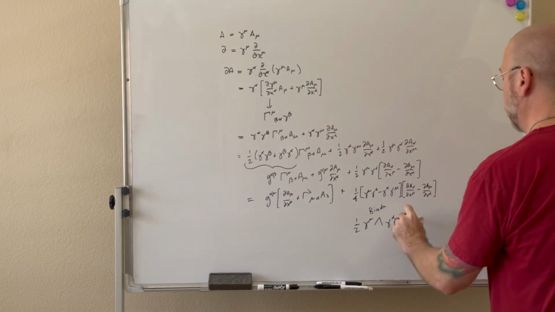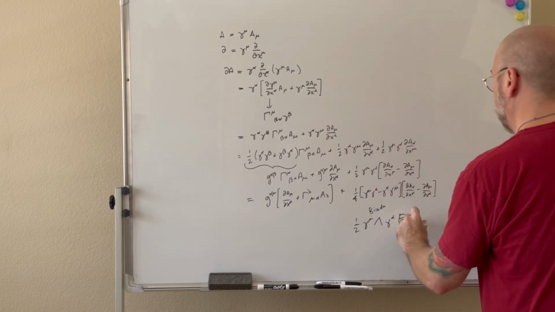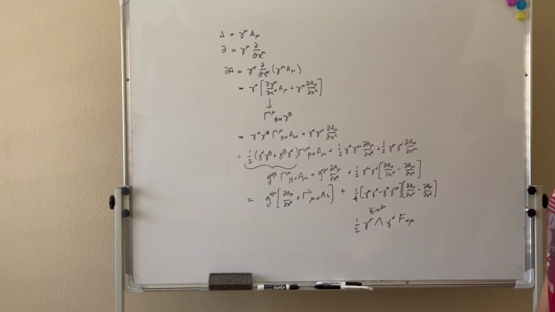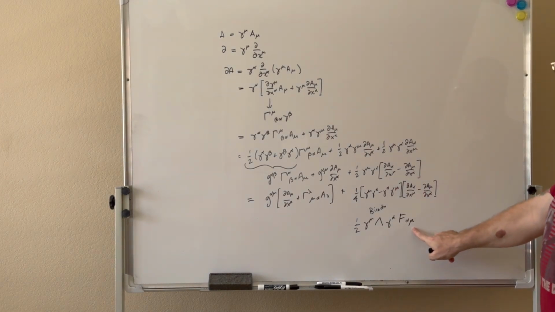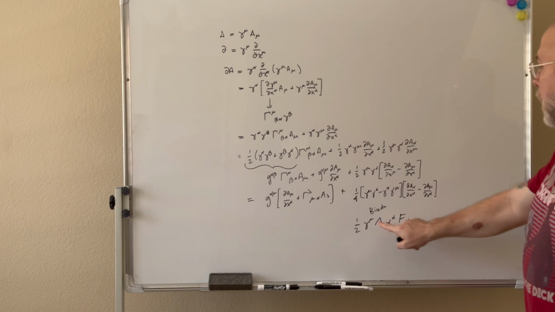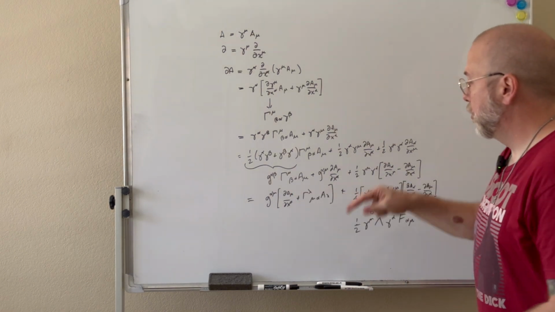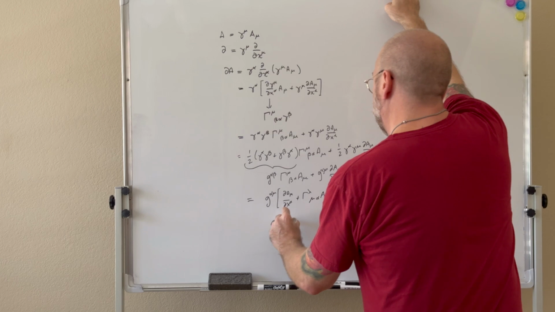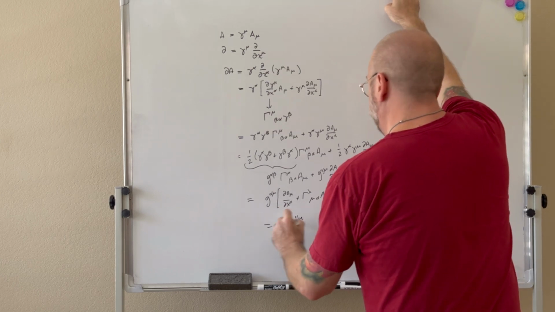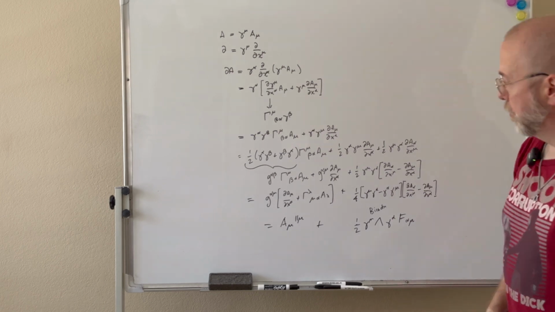This is, of course, what we already know from electromagnetism. It's the field vector. This is just the covariant derivative, and with the g mu nu, this condenses to that. Okay.